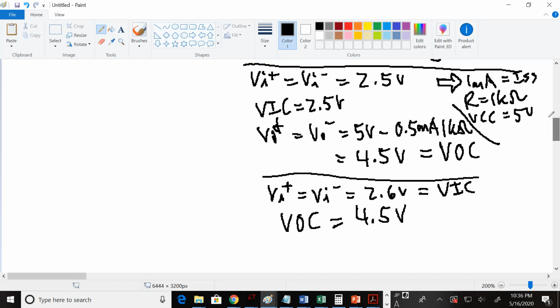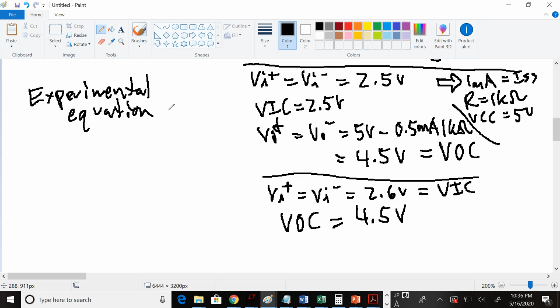So let's look at the experimental equation for ACM. And I think that's all you need for the homework. We'll talk about the theoretical on Monday then.